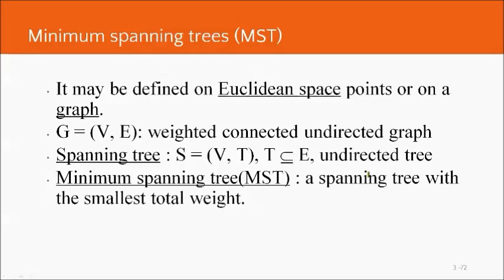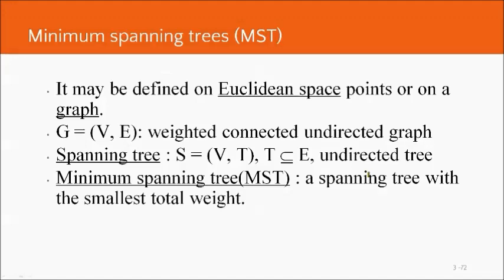So MST may be defined on Euclidean space points or on a graph. So a graph is equal to vertices and edges, a weighted, connected, and directed graph. Okay, a spanning tree is T, and T is a subgraph of the undirected graph. So we have the minimum spanning tree, a spanning tree with the smallest total weight.